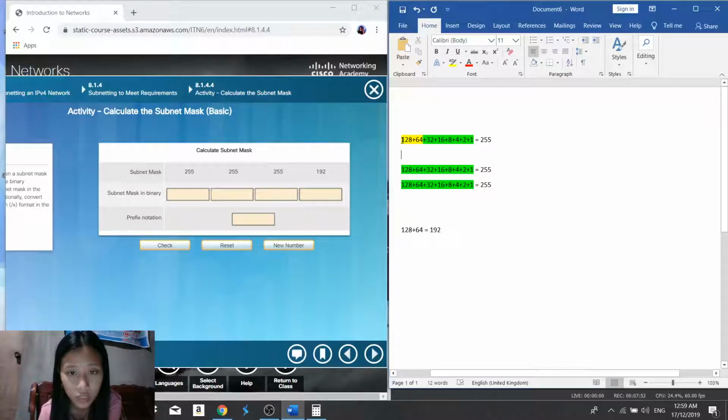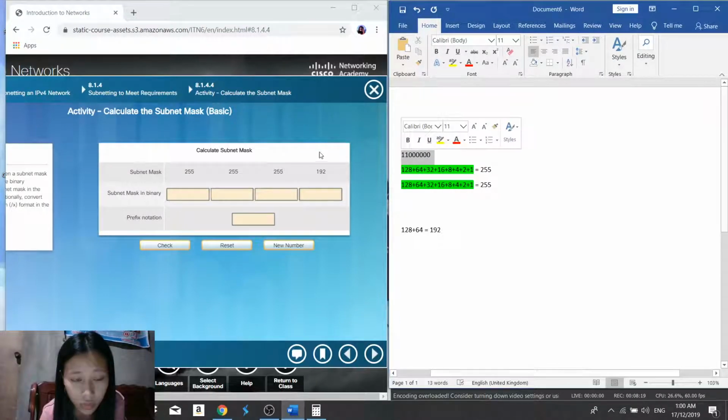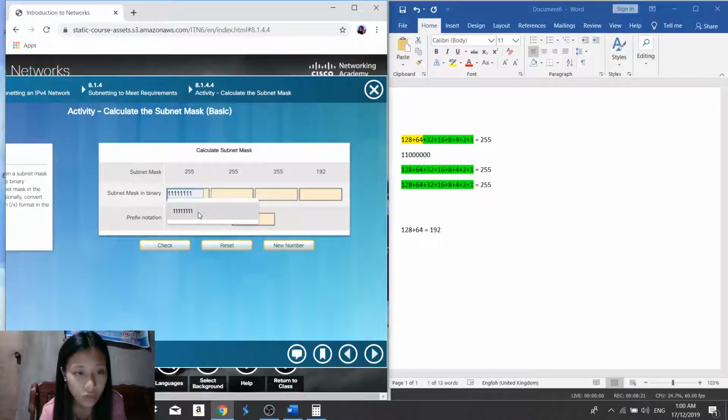So I just get this yellow highlight, not this green highlight. These two will be 1 1 because it is the prefix notation. The green ones, all the numbers that I don't add, will be 0 0 0 0 0 0.